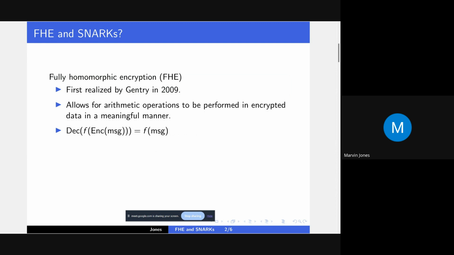I think there were mentions of it in the 70s, because encryption schemes like RSA, I believe, are partially homomorphic encryption, and the difference between partial and full is you get two arithmetic operations with full, multiplication and addition. With partial, you only have one.